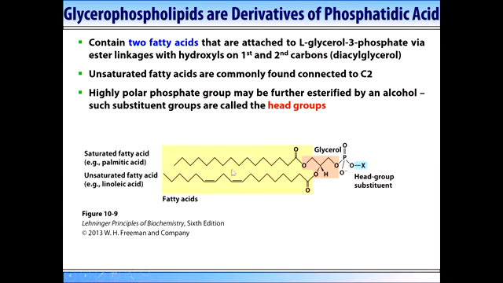In other words, the two fatty acids used for formation of the glycerophospholipids are different. They're not the same. One is usually saturated, and the other one is unsaturated.